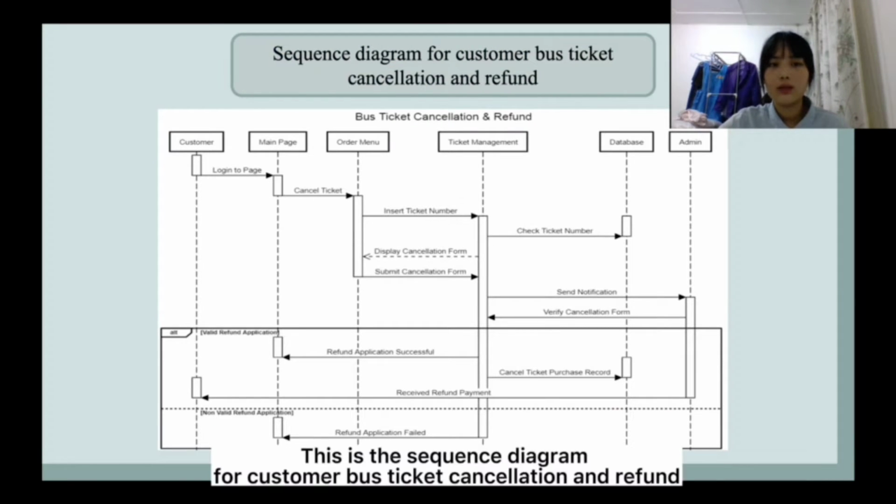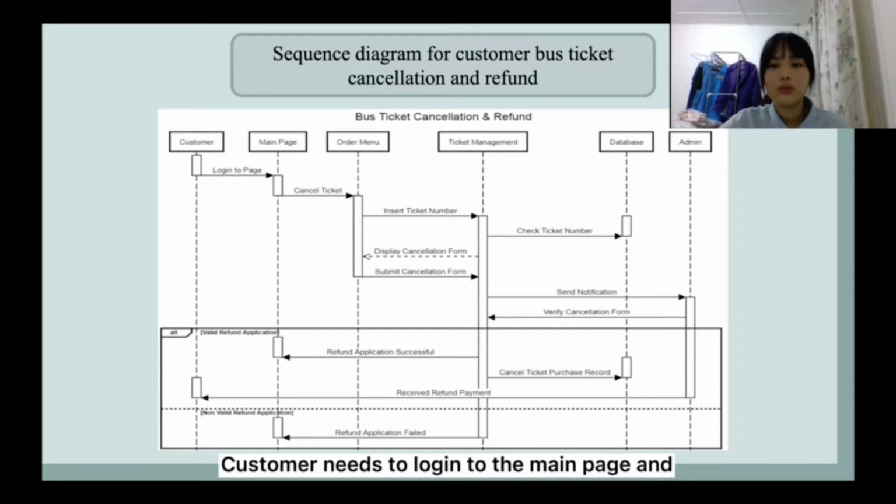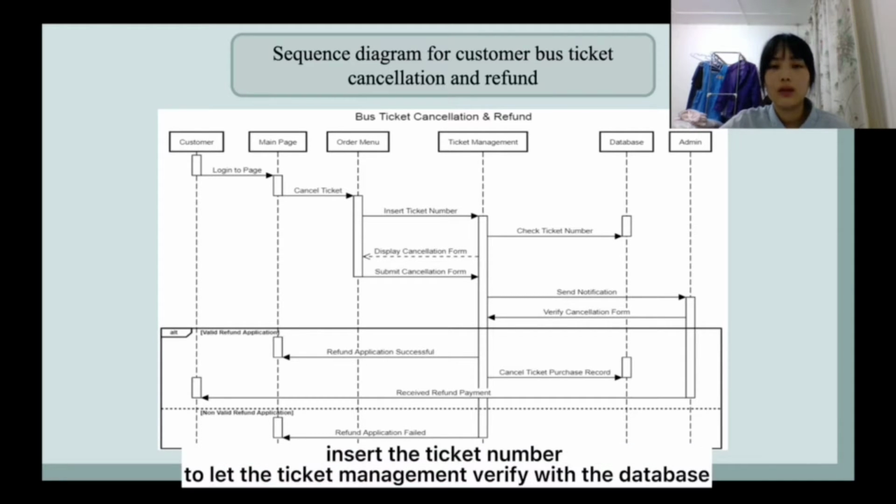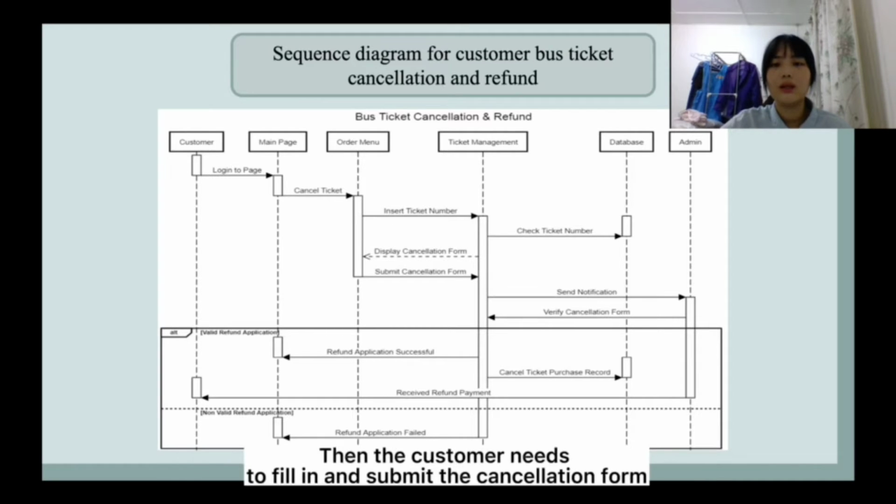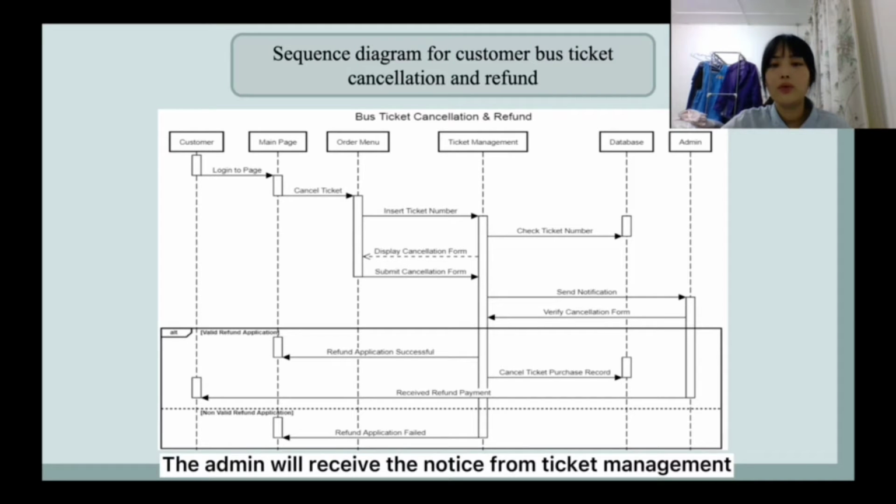This is the sequence diagram for customer bus ticket cancellation and refund. Customer needs to log into the main page and select the cancel ticket at the order menu and insert the ticket number to let the ticket management verify with the database. Then the customer needs to fill in and submit the cancellation form. The admin will receive the notice from ticket management to verify the submitted cancellation form.